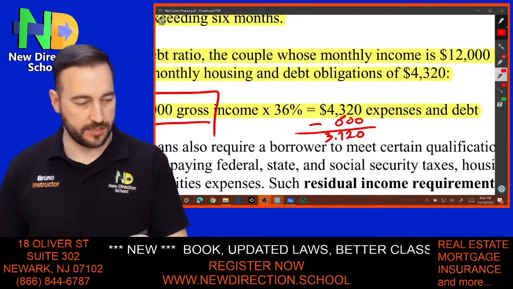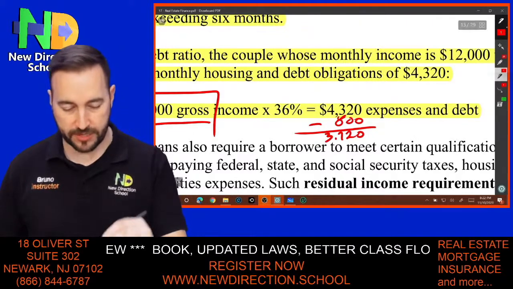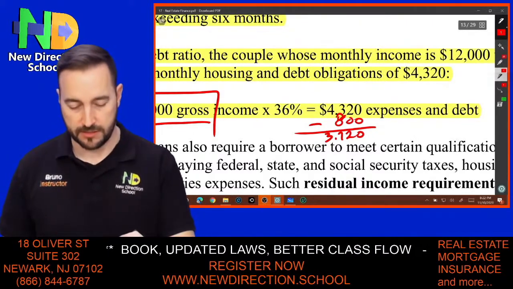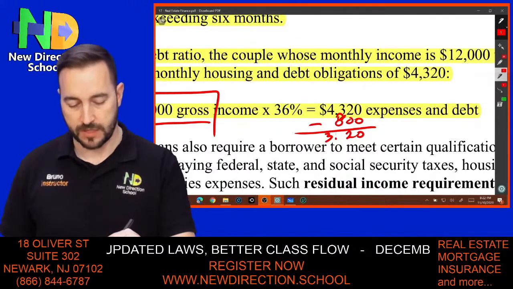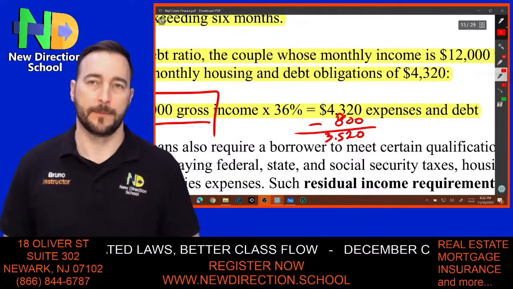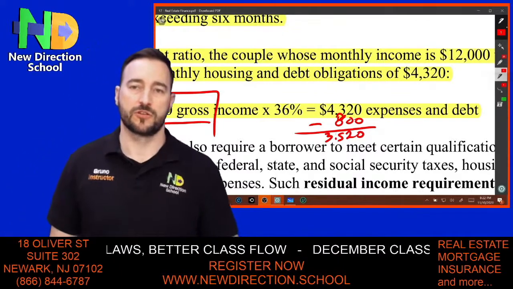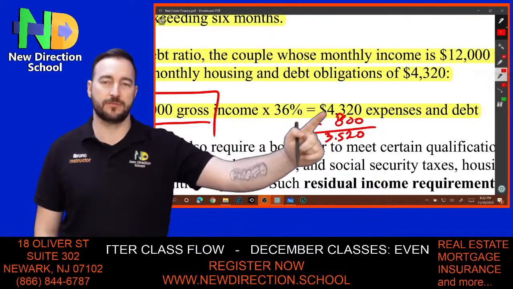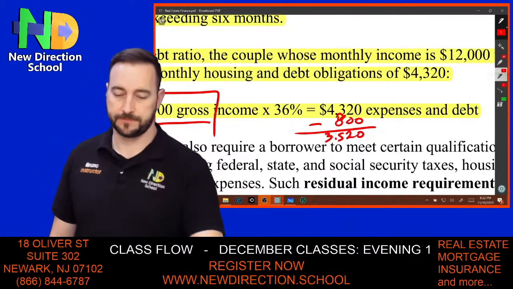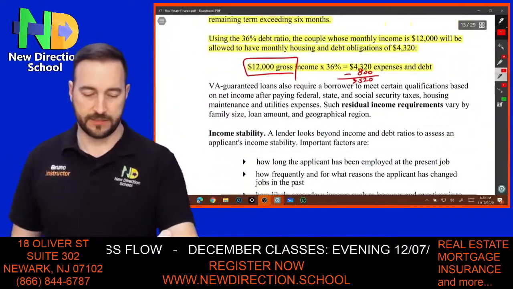If your car is more, like say you have a car and you have credit cards and a bunch of other things, then this just went down to $3,520. Do you guys understand? So depending on the amount of debt that you have, that's deducted from that maximum that you can afford. That's called expenses and debt.